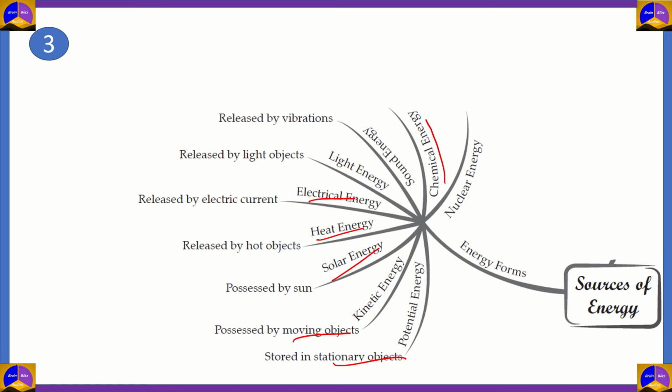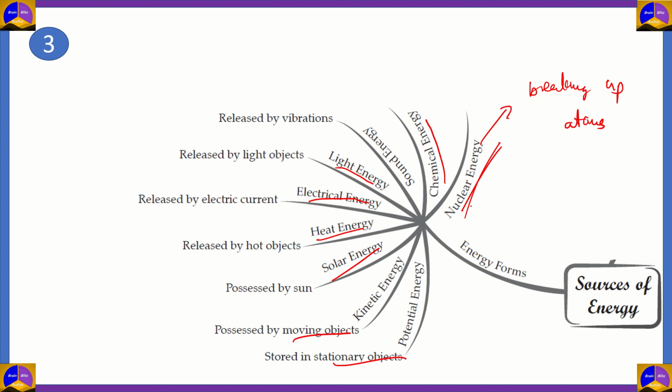And electrical energy is used quite a lot these days in order to charge up our devices and to make things work. We use light energy that is released by objects such as CFLs, LEDs, etc., in order to light up our world. And sound energy is the energy that we hear through vibrations, and nuclear energy is the energy that's formed by breaking up atoms.